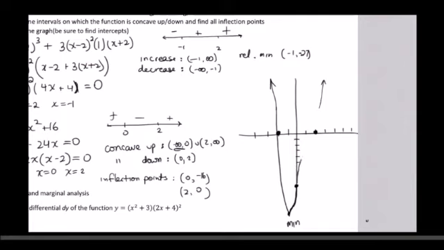So then it kind of has a downward curve like this. So it switches to concave down from 0 to 2. And then it goes back to concave up. So I got my minimum value down here, -1, -27. There's an inflection point here where it switches concavity. There's an inflection point there where it switches concavity. So there's the graph.